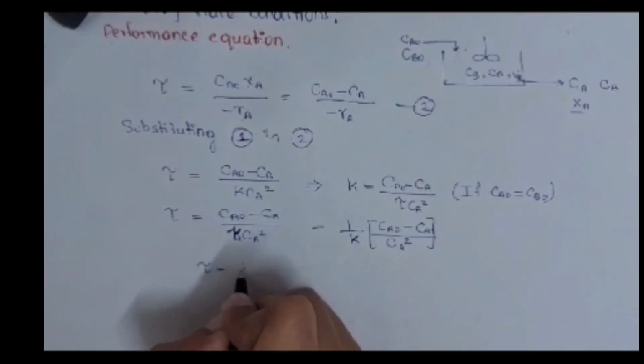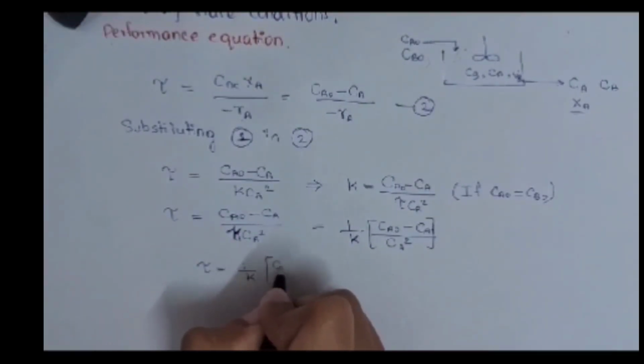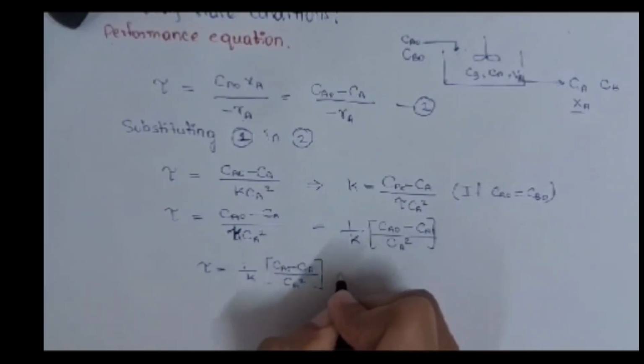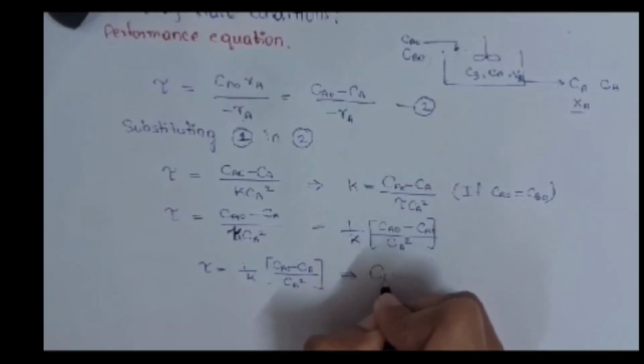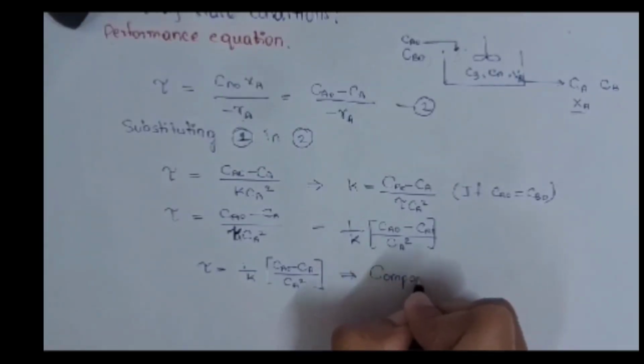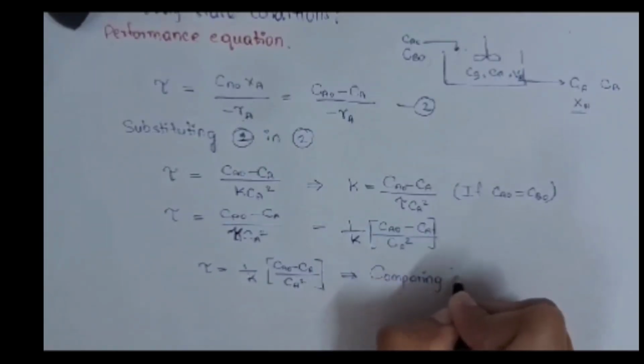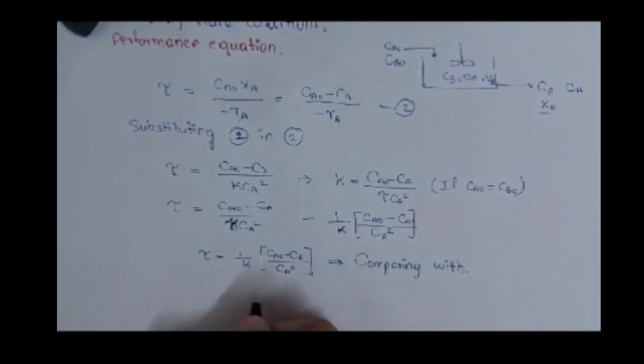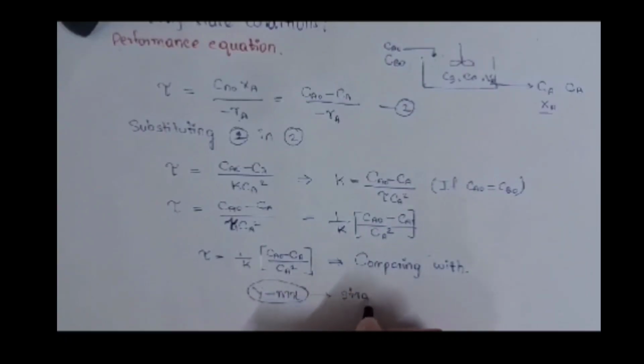By solving and rearranging the equation, we get τ = 1/k × (CA0 − CA) / CA². Comparing this equation with the equation of a straight line, y = mx passing through the origin, we get m = 1/k.